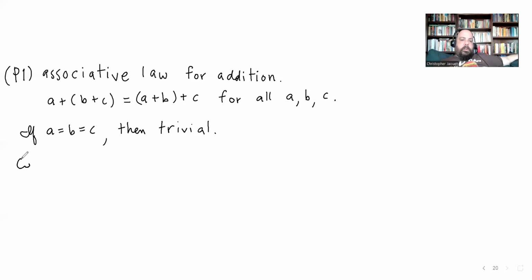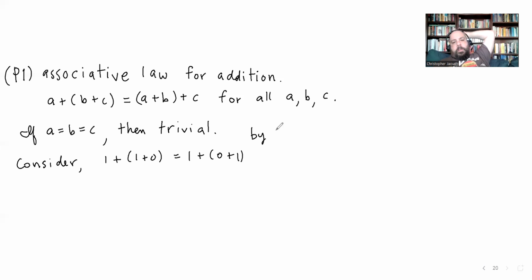So consider 1 plus 1 plus 0, which actually, if you notice, is the same thing as 1 plus 0 plus 1 by the commutative.